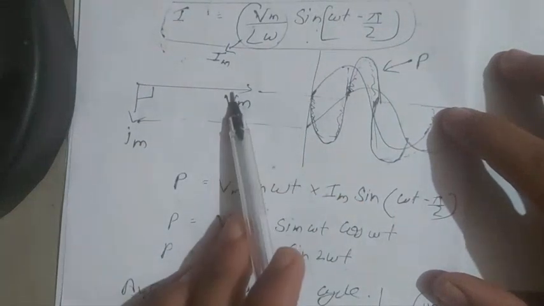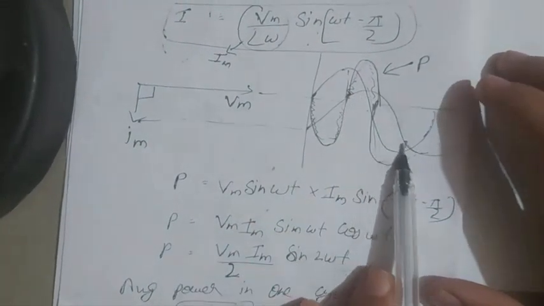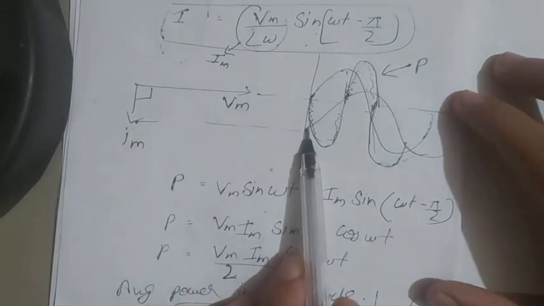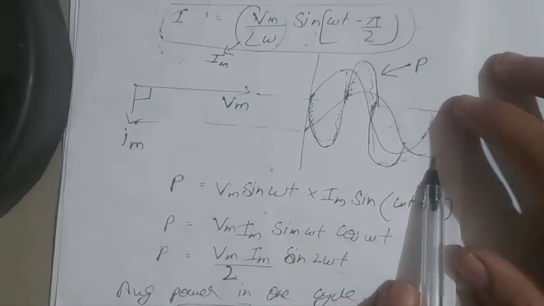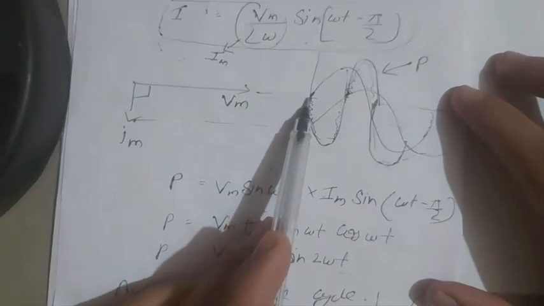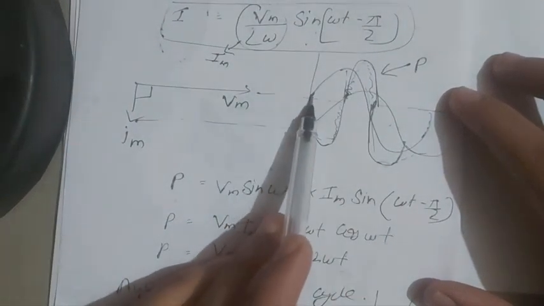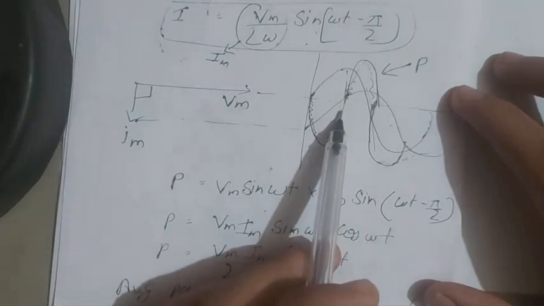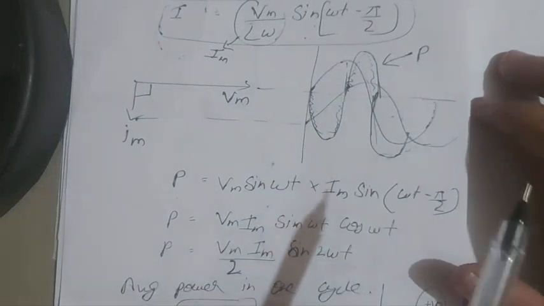This is the phasor corresponding to voltage, and corresponding to current, this is the phasor, and we obtain power in that way. One alternation is negative and one alternation is positive, which means the average power in a complete cycle is 0.